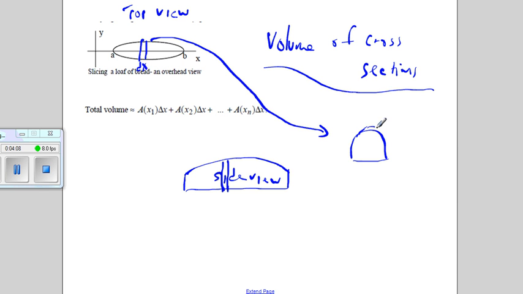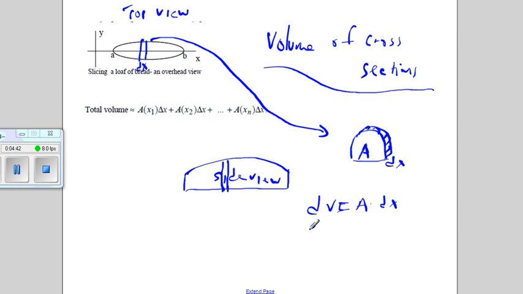This is such a good example because a sliced loaf of bread has a bunch of little volumes. Each of these slices of bread provides a little bit of, we'll call this the area, and this our depth dx. So the volume is A times dx. That's a little chunk of volume, so dv.